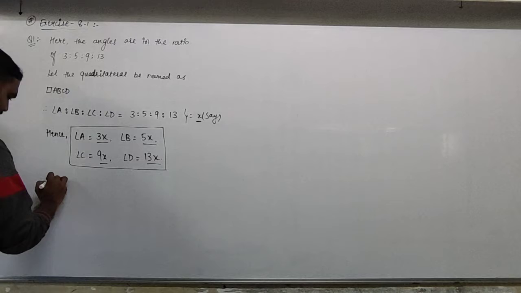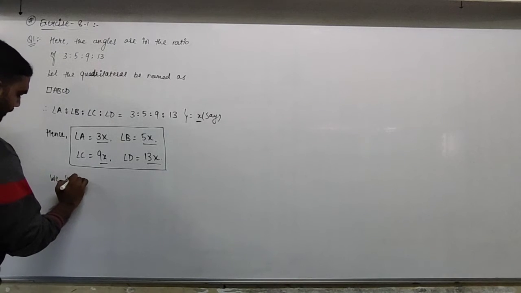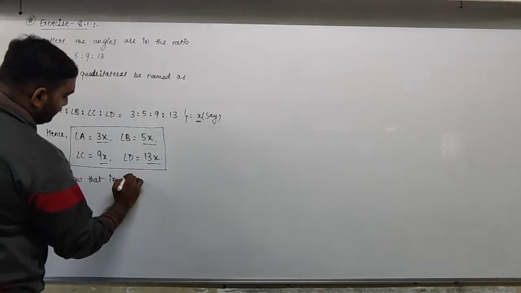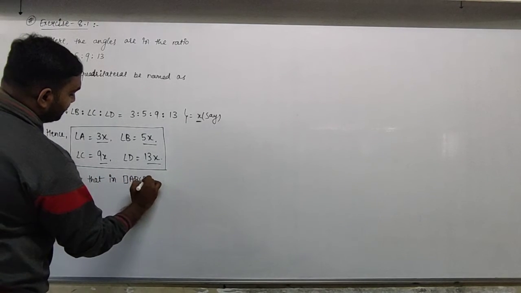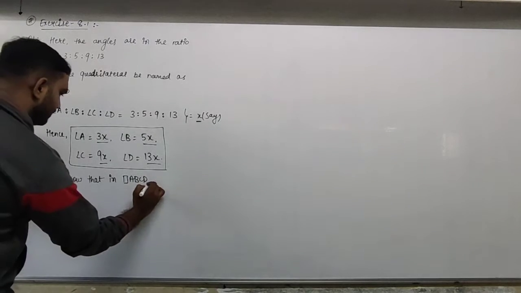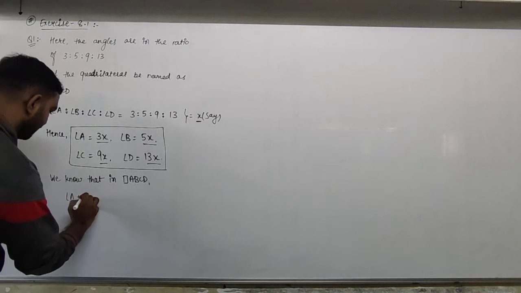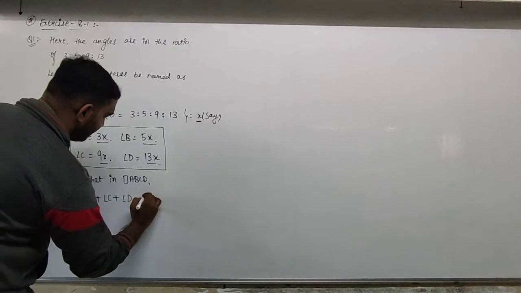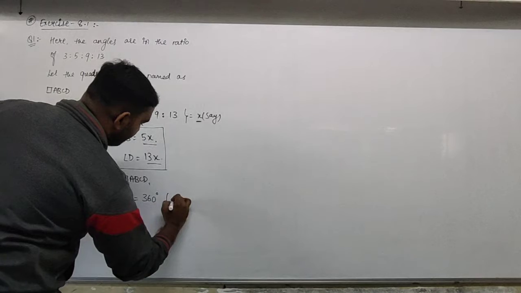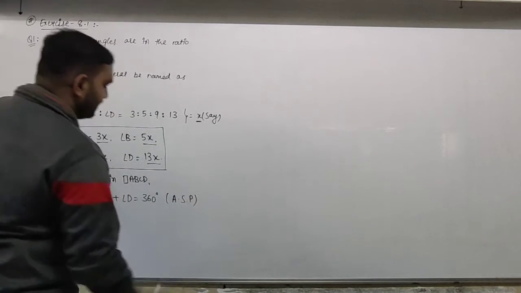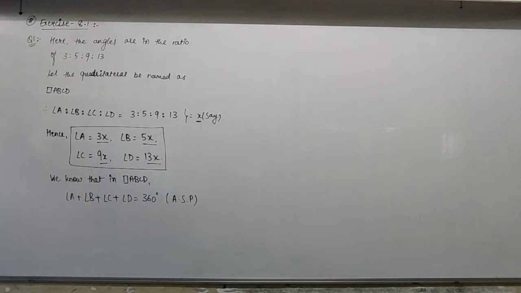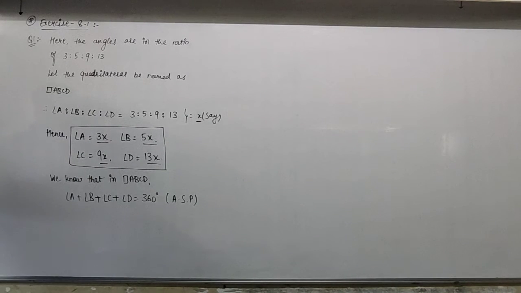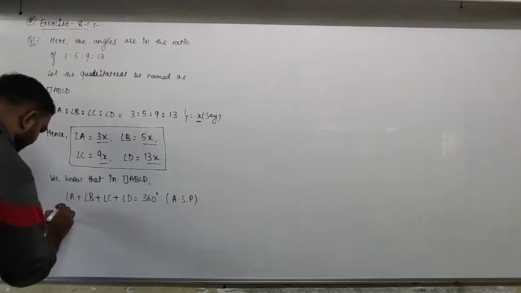Now we know that in quadrilateral ABCD, angle A plus angle B plus angle C plus angle D equals 360 degrees, by the angle sum property of a quadrilateral. We know A, B, C and D have values 3x, 5x, 9x and 13x respectively.